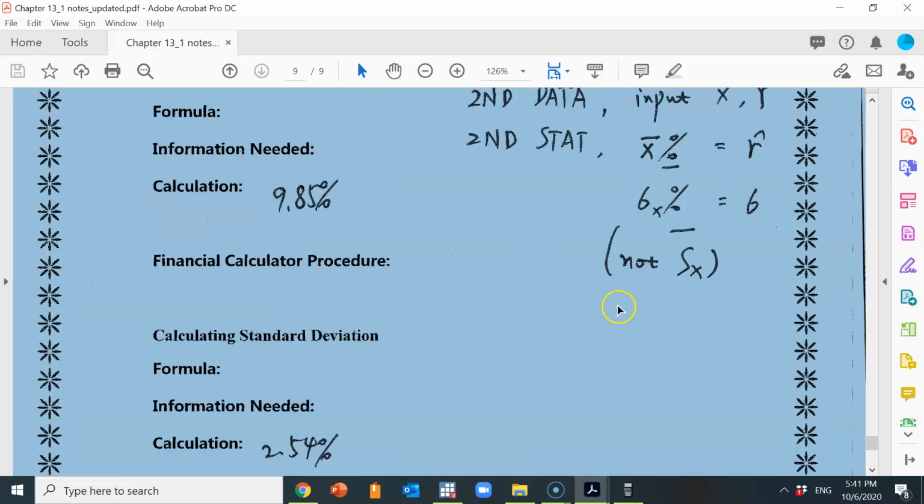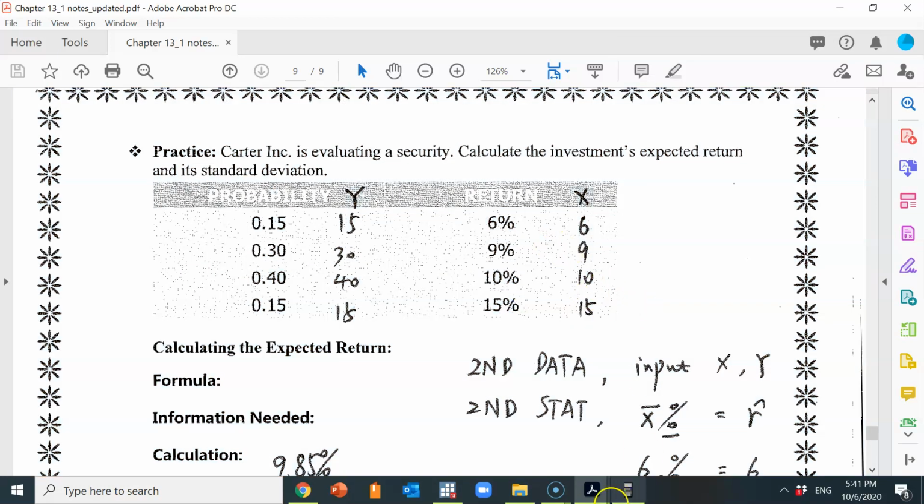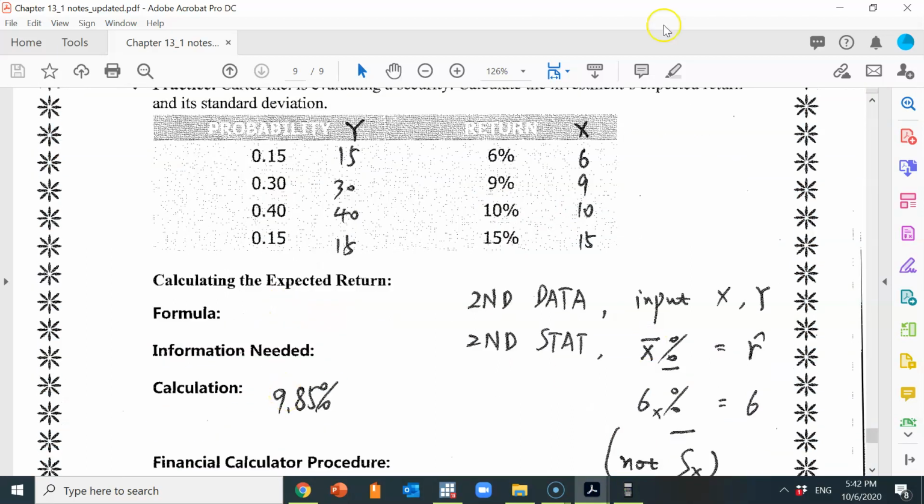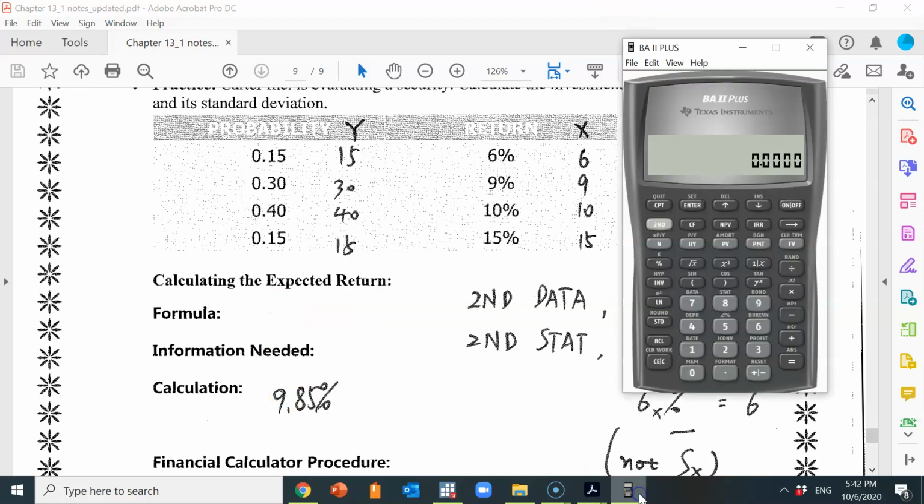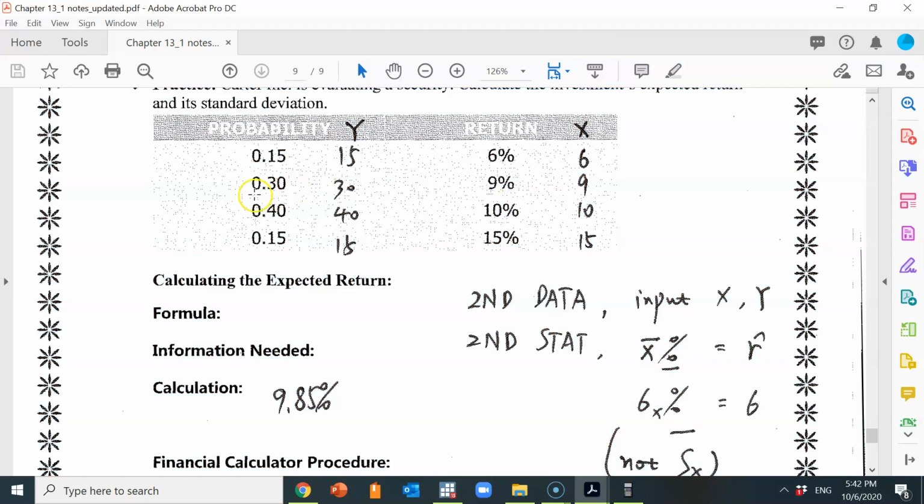Okay. Another way to solve this question is to multiply all the returns by the probabilities, so you have the expected return. Okay, so it's going to be 0.06 multiplied by 0.15. Okay, 0.009. You have to write this number down and then multiply 9% by 0.3, 10% by 0.4, 15% by 0.15, and then add them up.